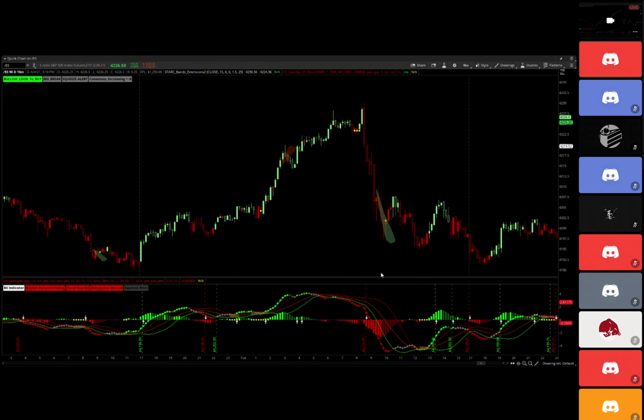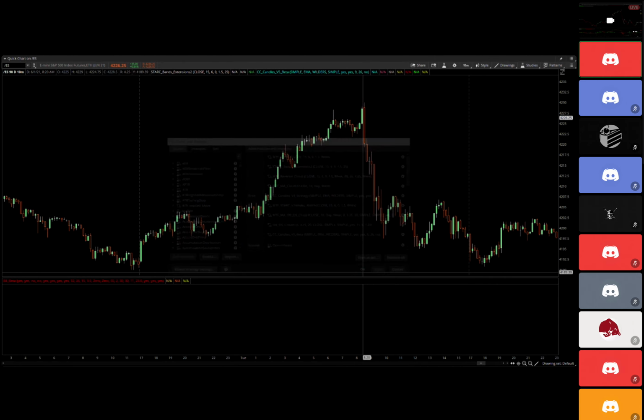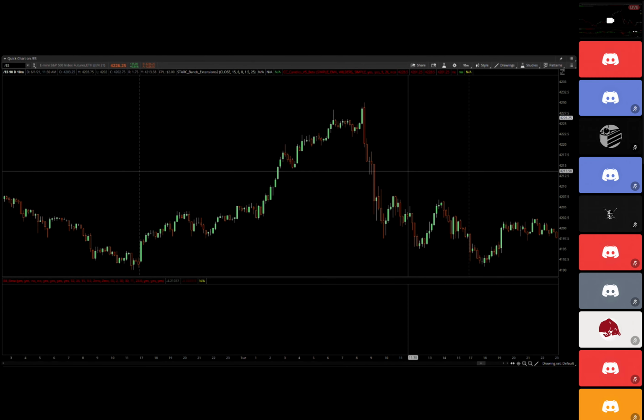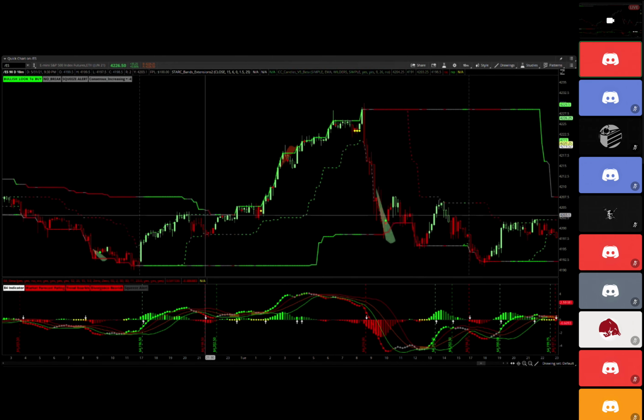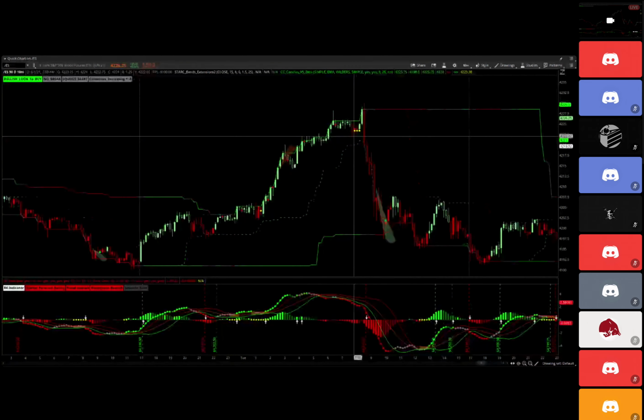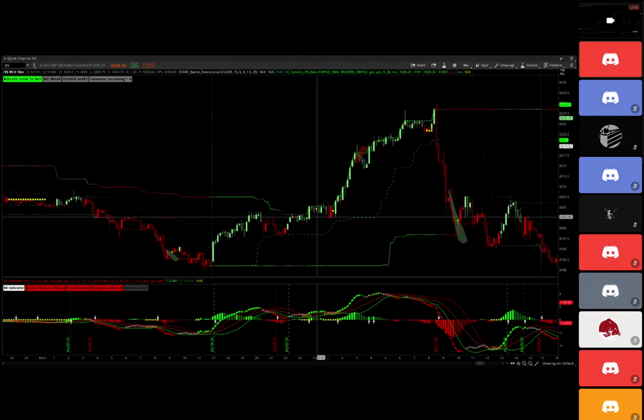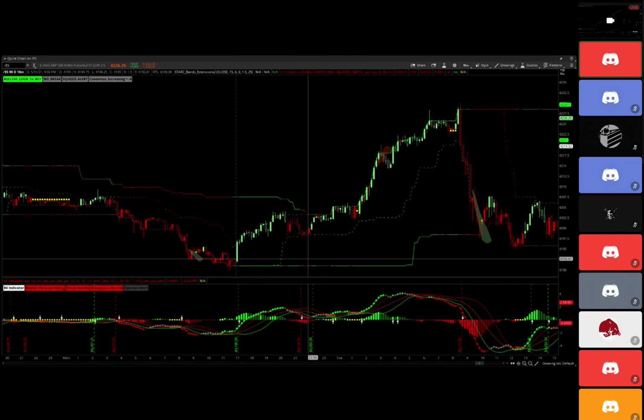So that's when I came up with the idea of incorporating the channels that y'all are used to seeing with the C3. And all of a sudden, it becomes kind of one of those aha moments where you can see the price action in context of the intermediate trend and not just a fleeting moment of, oh, well, the candle's green, so this is a good time to jump in.